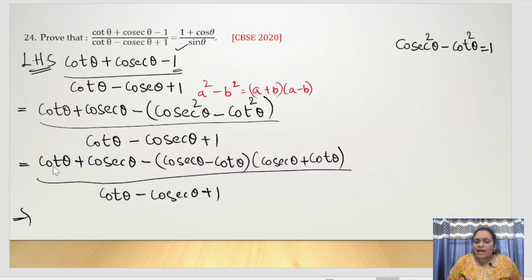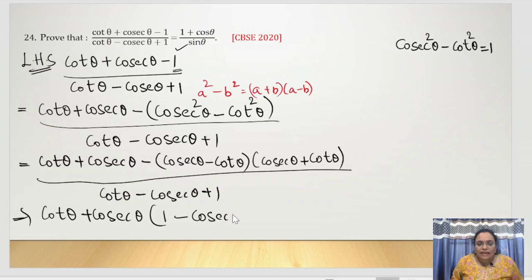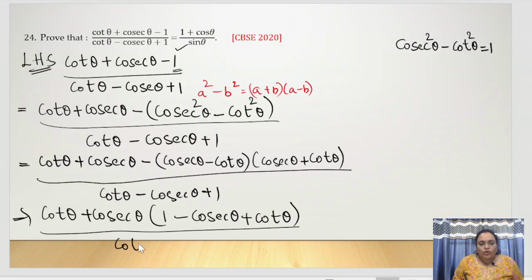If you see here, we have cot theta plus cosecant theta and cot theta plus cosecant theta. So I can take cot theta plus cosecant theta common. If you take it common, you will get 1 minus cosecant theta plus cot theta, divided by, in the denominator, cot theta minus cosecant theta plus 1.